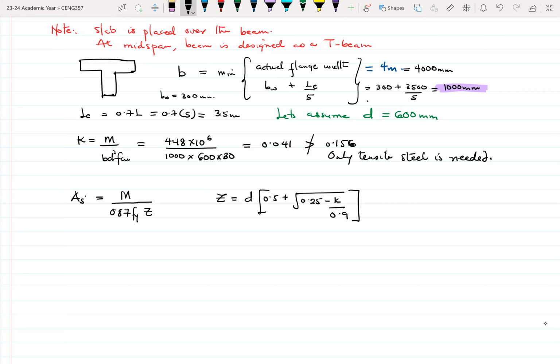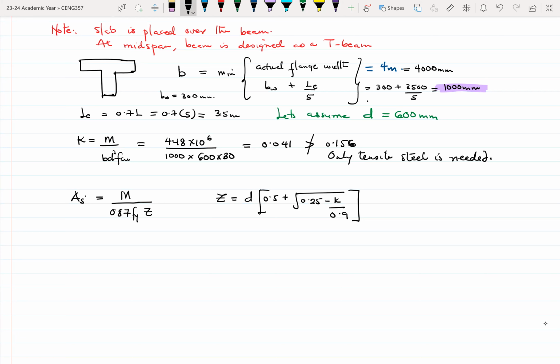And I think I mentioned that Z has limits, all right? Z cannot go beyond certain ranges, 0.775D and then 0.95D.